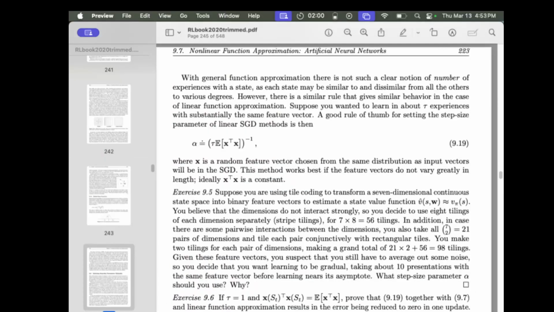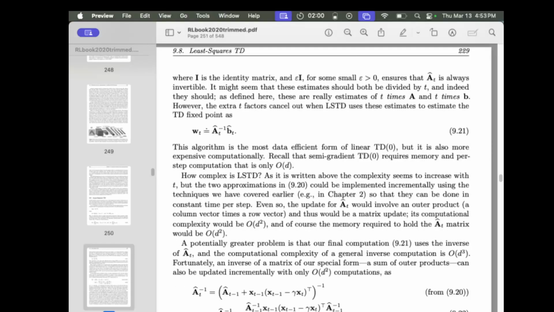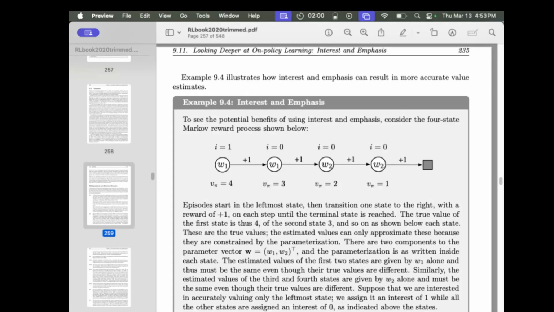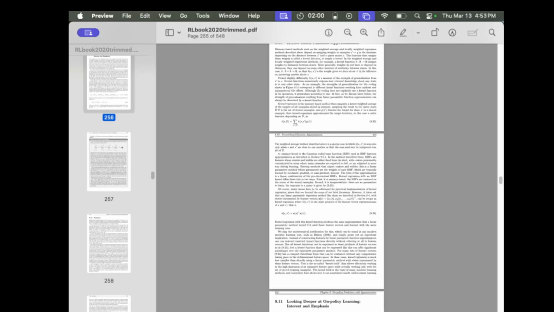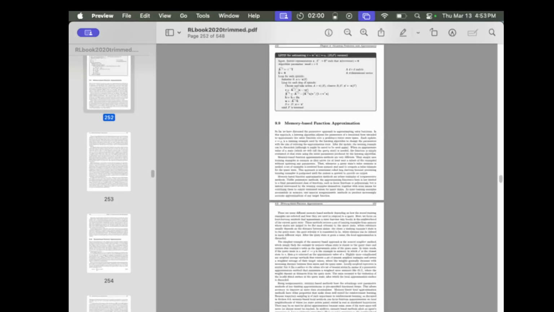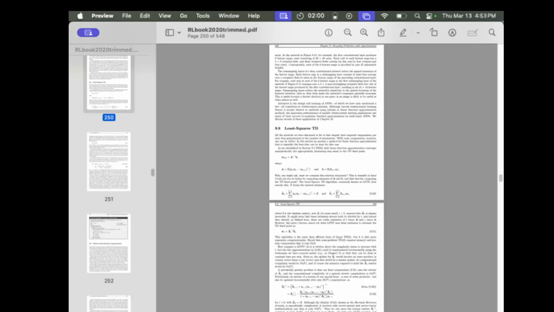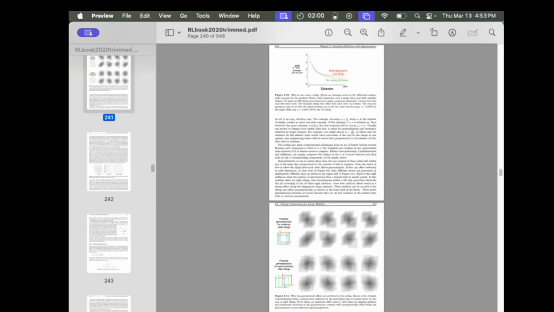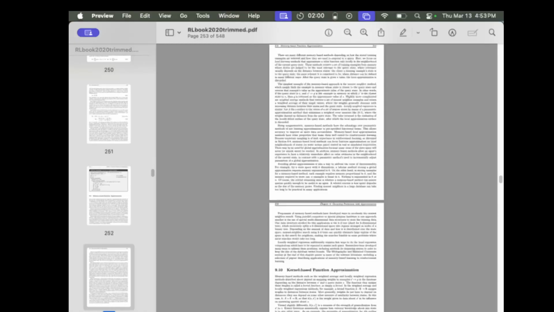These are the tilings, neural networks, memory. I went too far. Least squares. Okay, maybe I didn't go too far.